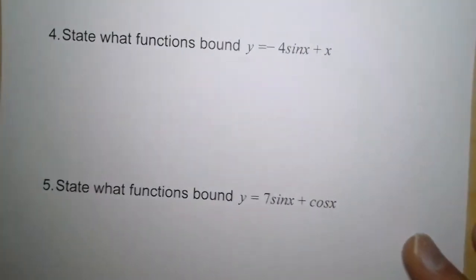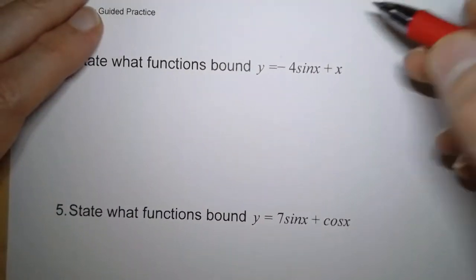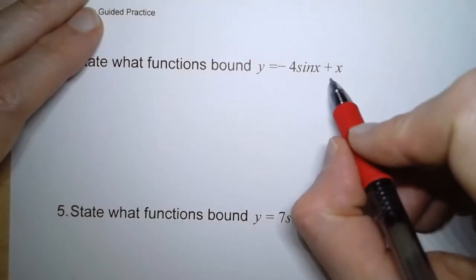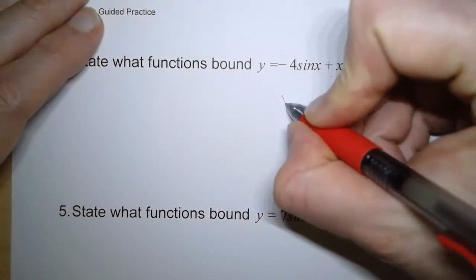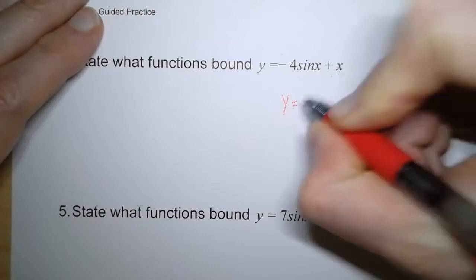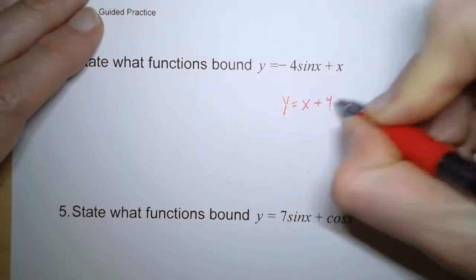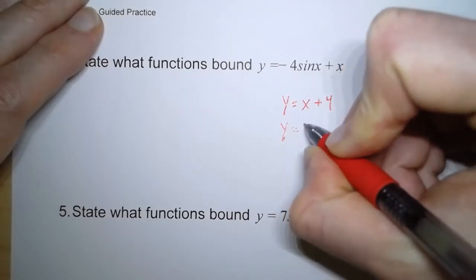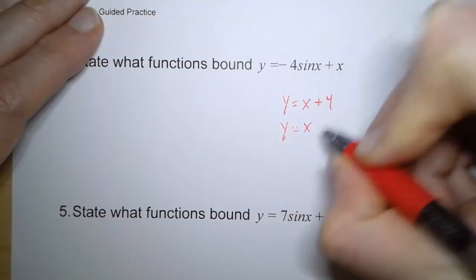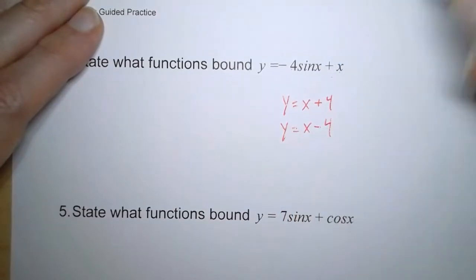So here we got a few more we can practice with. So here we have -4 sine of x plus x. So our boundaries are going to be, we start here with x, and then we add the amplitude, so it's x plus 4, and then we start with the vertical shift, and then we subtract the amplitude.